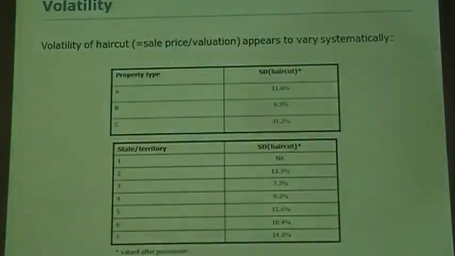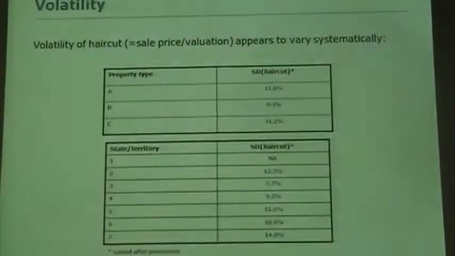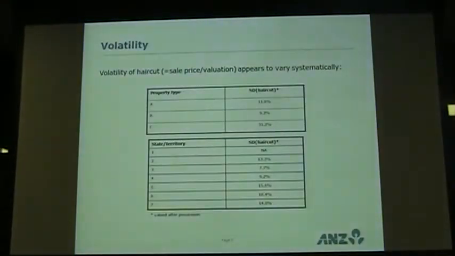Okay. So, talking about volatility, the sale price relative to the valuation is basically your haircut, and that appears to have systematically different volatilities for different types of defaults. So if we look at, say, property type, type A has got a certain standard deviation of 11.6 percentage points.